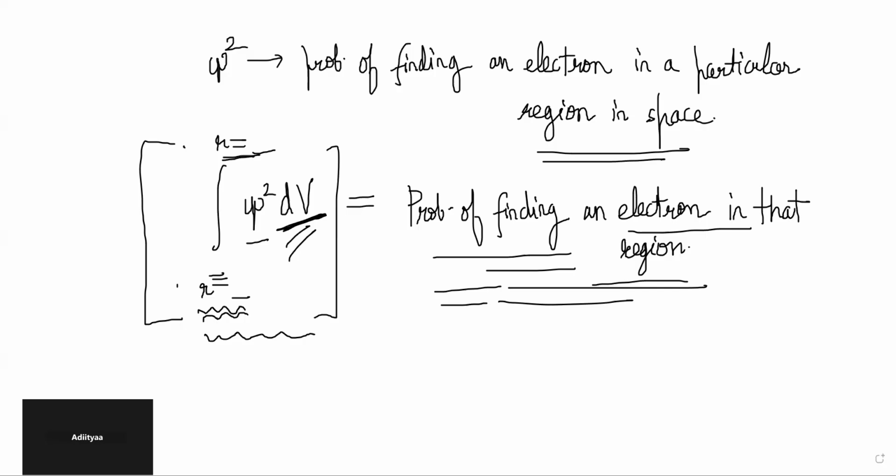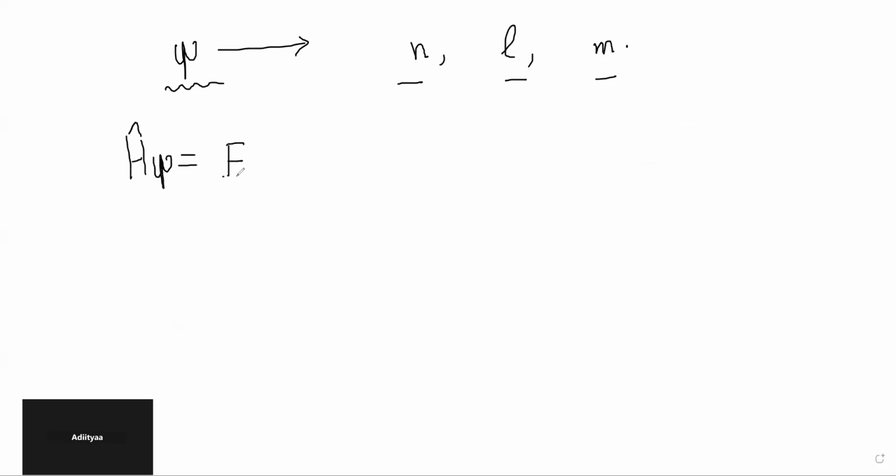Now, the psi that comes out as the solution of this equation comes out with three numbers attached to it. What do I mean by that? Basically, when I solve an equation like this, the solution psi has three constants in it, okay?